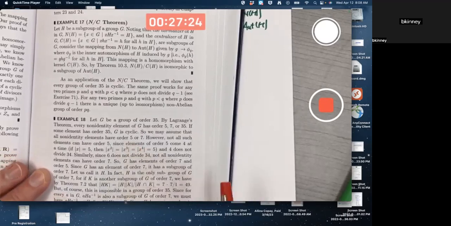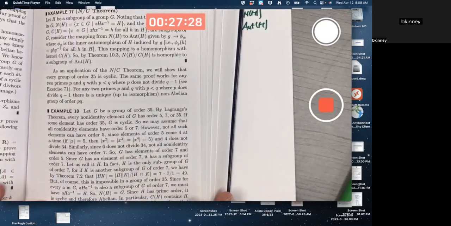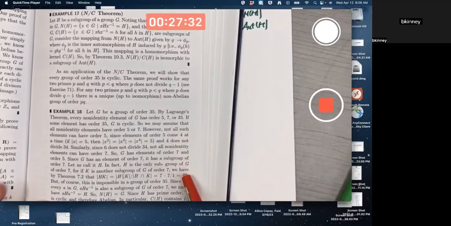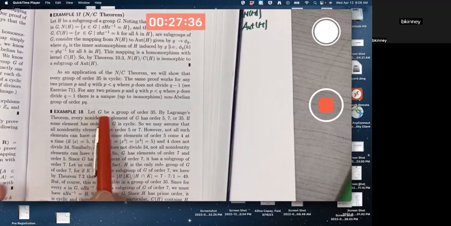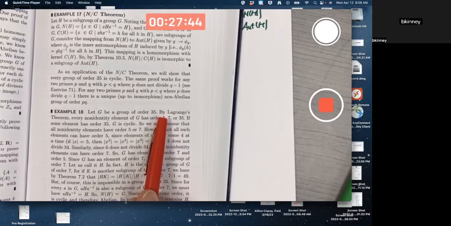Let's look at this example now. For sake of time, we'll try to go through this one quicker. But it probably deserves just as much thinking time if you really want to understand it. All right, so let G be a group of order 35. Trying to prove it must be cyclic. Probably an argument by contradiction is the big idea here.